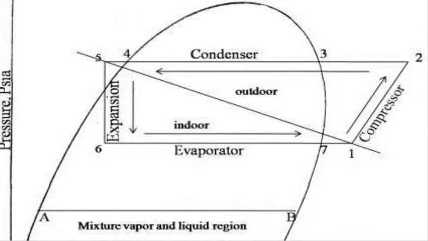The general principle behind any metering device is that it acts as a restriction. We can see it in the diagram. It reduces high pressure, high temperature refrigerant from the condenser liquid line to low pressure, low temperature refrigerant for the evaporator. What causes the temperature reduction is the restriction.